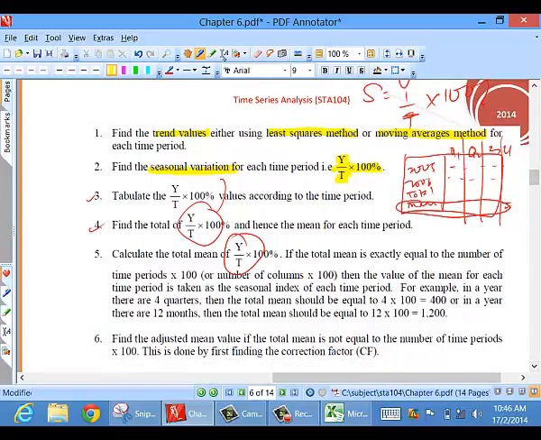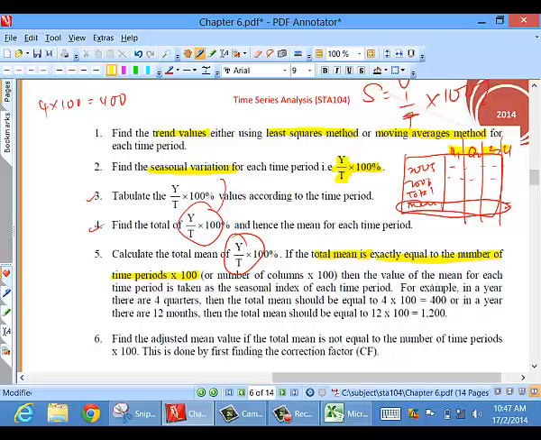So, if the total mean is exactly equal to the number of time periods multiplied with 100%, you look here, you have 1, 2, 3, 4, the number of time periods. So the number of time periods equal to 4 multiplied with 100, you will get 400.